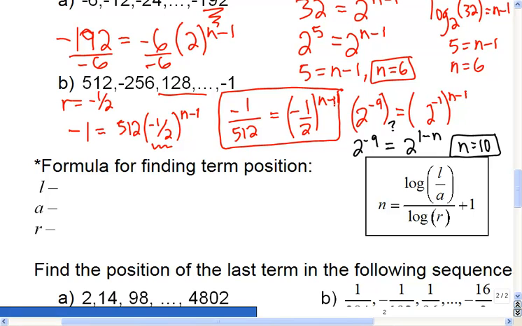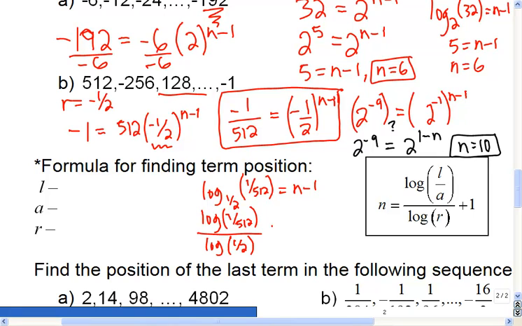So I would go the log base 1/2 of 1 over 512 equals n minus 1. So that means it's the log of 1 over 512 divided by the log of 1/2 using the change of base rule. And that gets me the value for n.